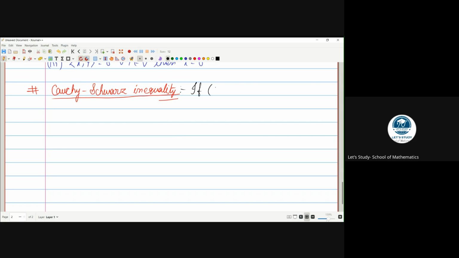If V with the inner product is an inner product space, then the modulus of the inner product of x and y is at most the norm of x times the norm of y. Okay, let's look at the proof.